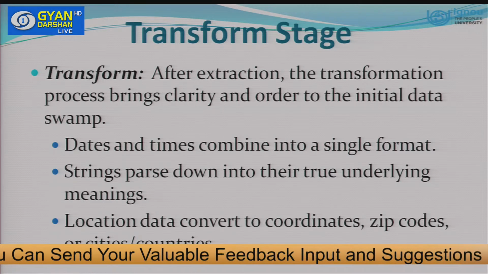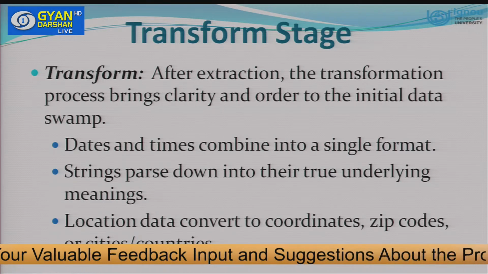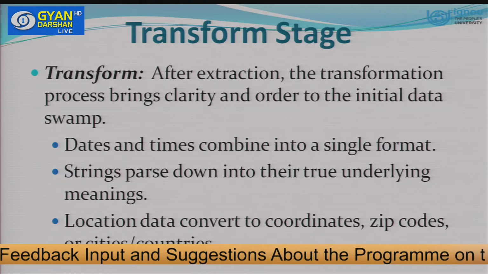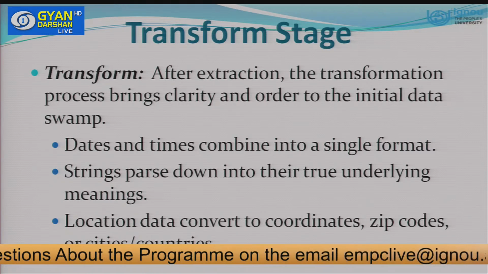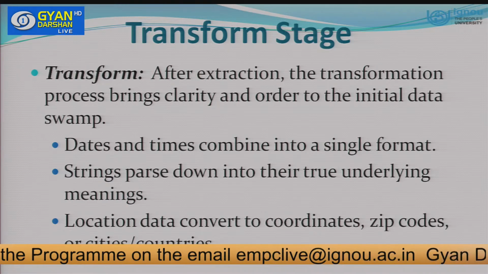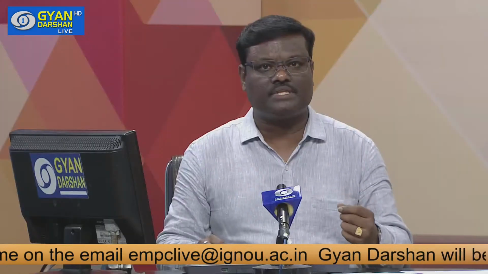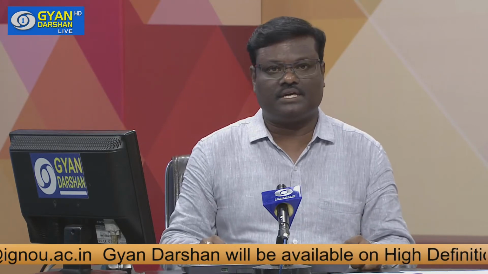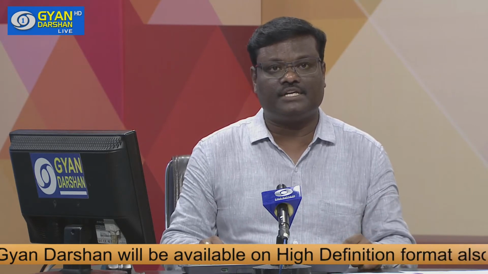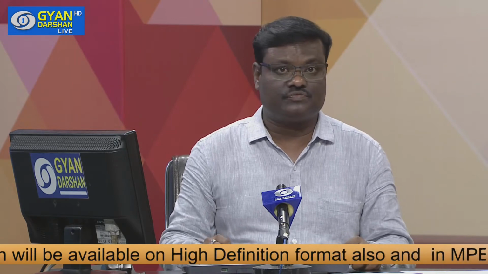Examples: dates and times combined into a single format, strings parsed down into their true underlying meanings, location data converted to coordinates, zip codes, or city and country. These are some of the transformations one can think of whenever raw data needs to be transformed into useful data.